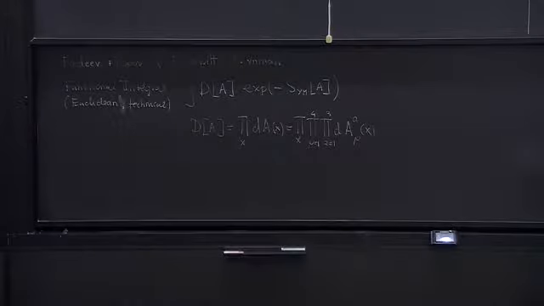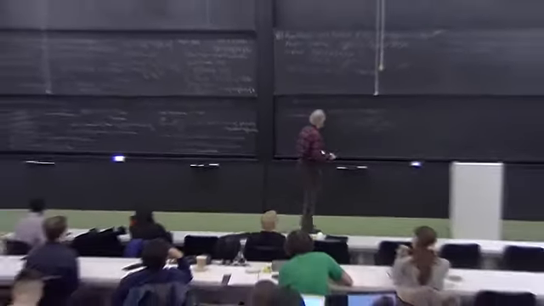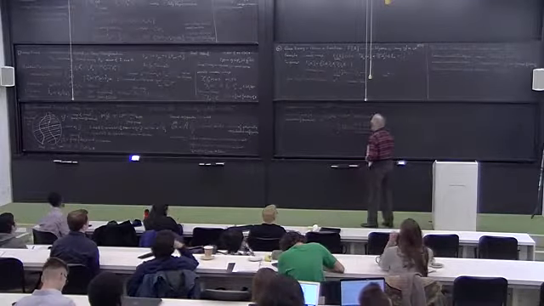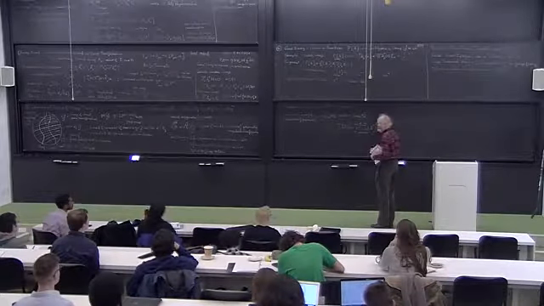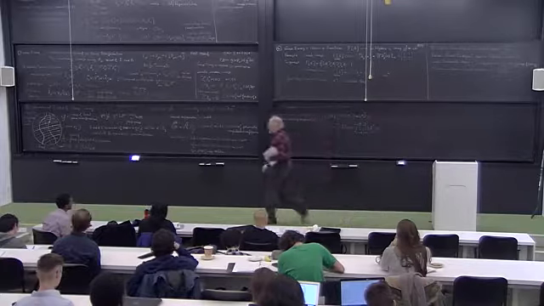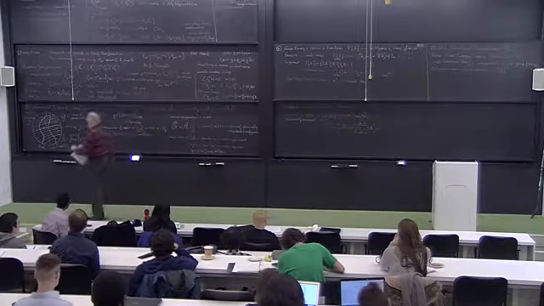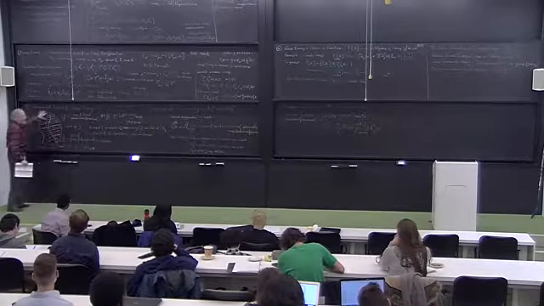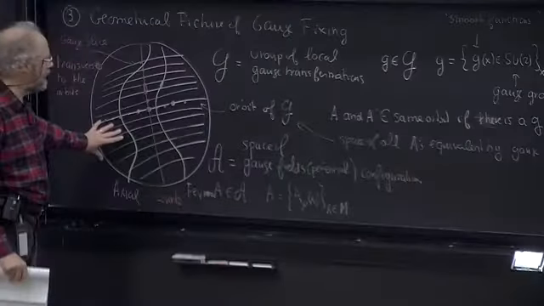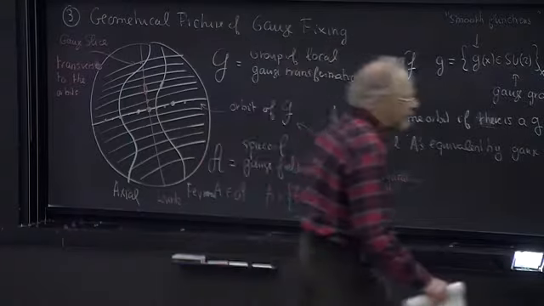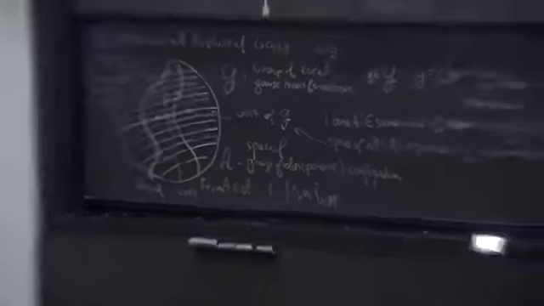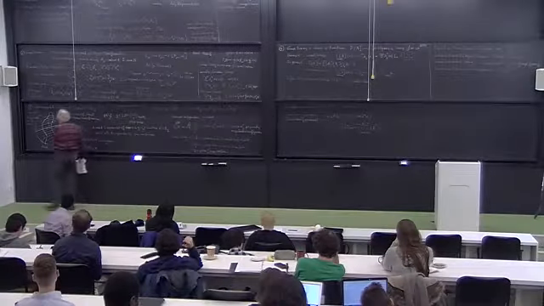Okay, so this is a very big functional integral, and a priori it makes sense because we are integrating over all A, you see? And so the problem is not that this integral is ill-defined. The problem is that the action is the same.